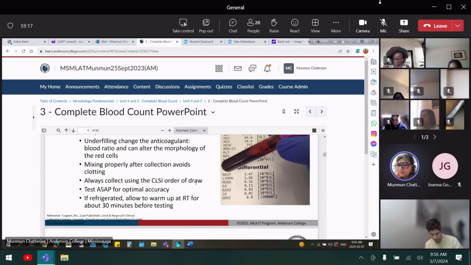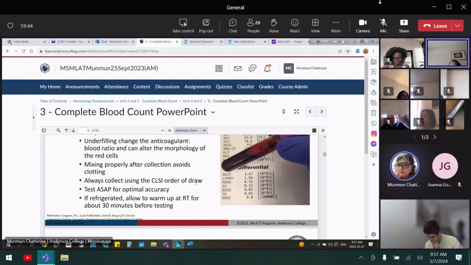You have to write this in your exam. They are going to give you all the options and different blood tests, and they are going to ask you the order of draw in your theory exam as well as in our practical exam. So you have to know which tube and then let me know the order of draw.